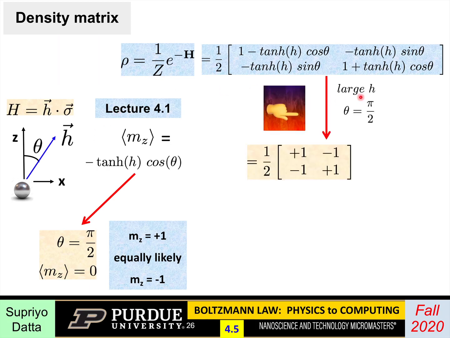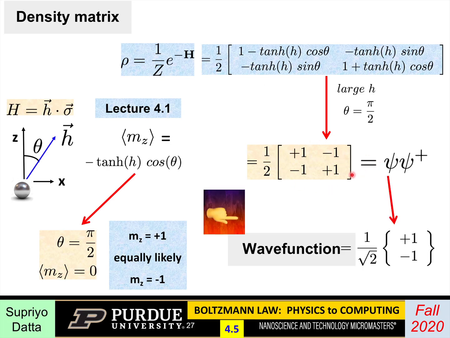But you see, if you put a large h at 90 degrees, you can show that the density matrix takes this form, because theta is pi over 2, so all these cosine theta terms go away, and sine theta is 1, and the tanh becomes 1. So you get this matrix, which you can factorize into the product of this psi and psi dagger, where psi is like the wave function, and the wave function is plus 1 and minus 1.